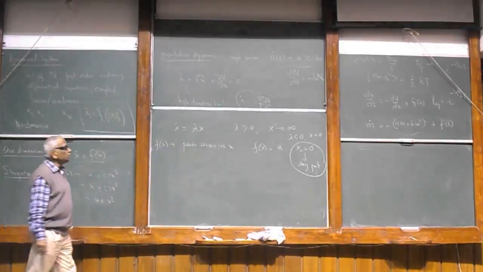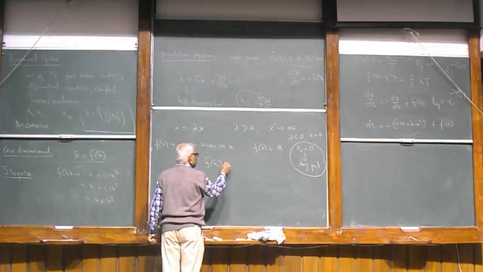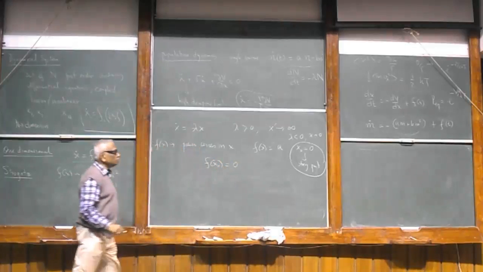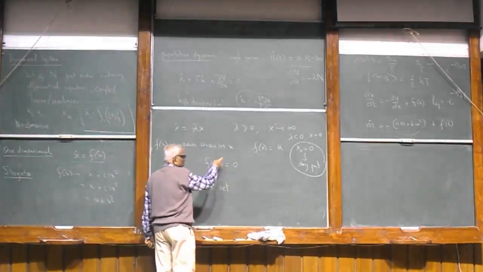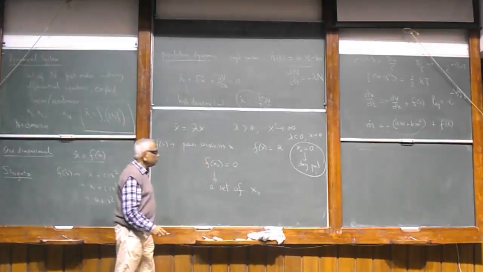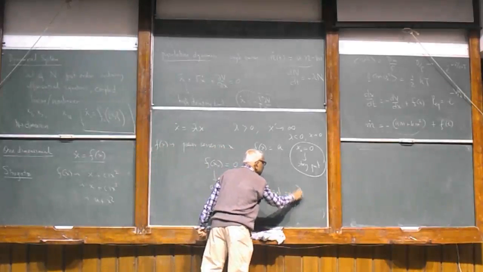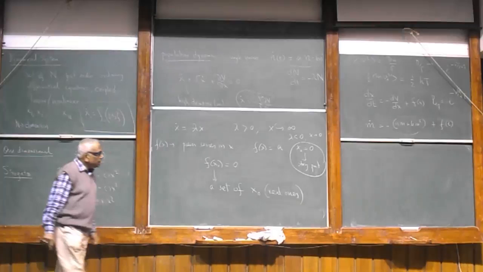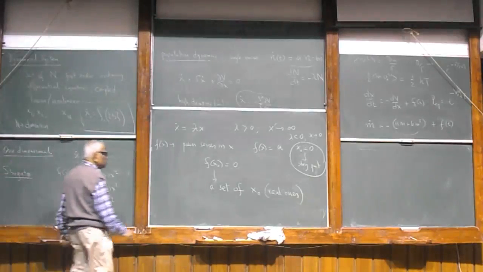So x dot equal to f of x, with f of x0 equal to 0, gives you, depending on how big this polynomial is, a set of x0, and we are only interested in the real ones, because this is dynamics along the real line, and you are interested in the real roots of f of x. So you have a set of x0 which are fixed points.